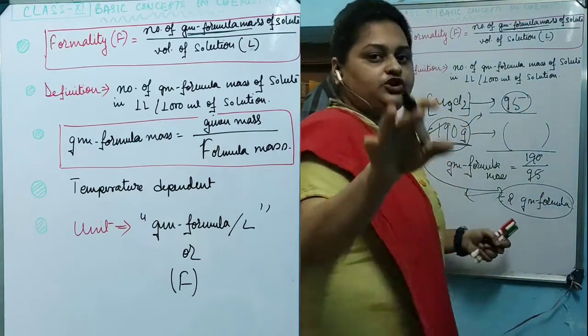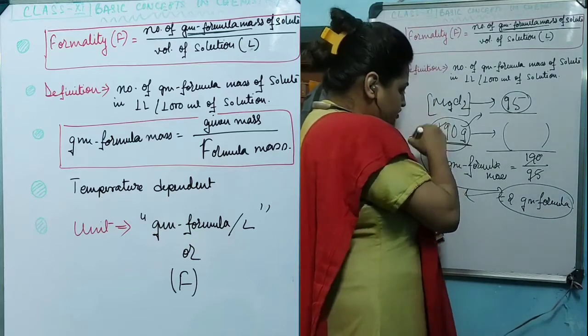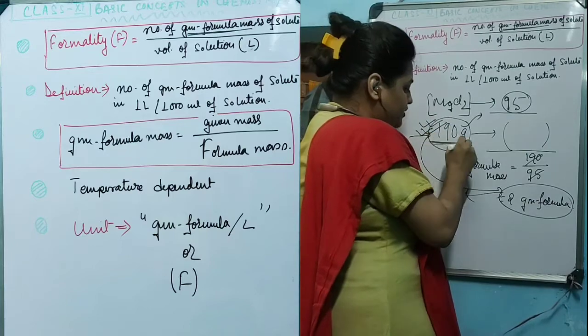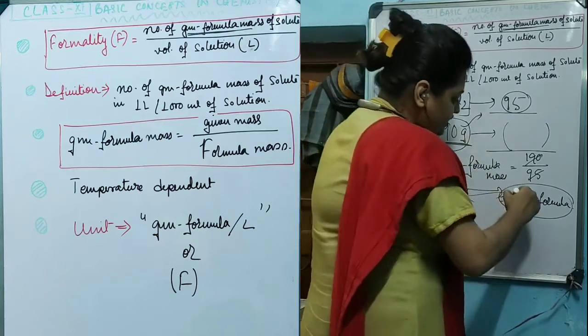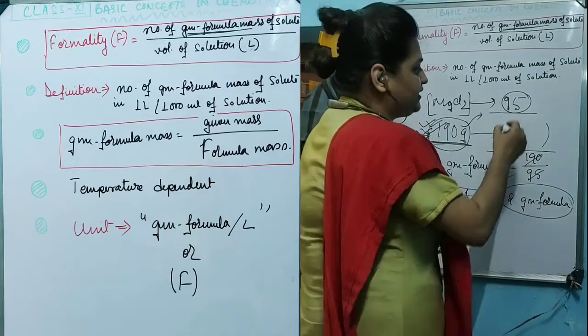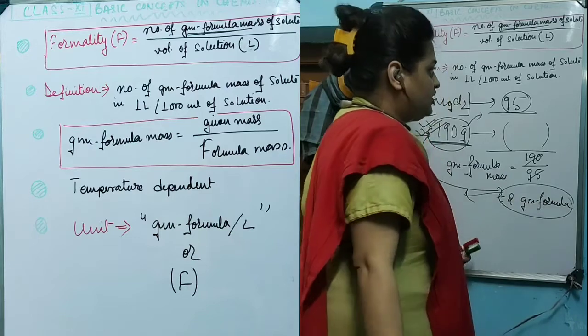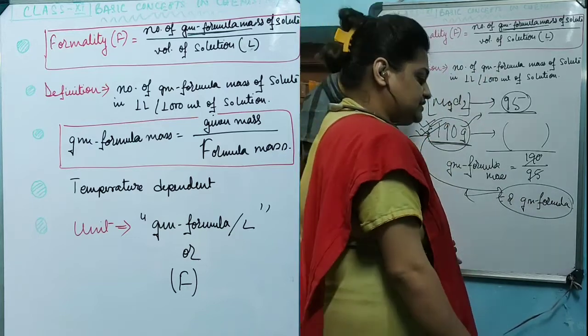In this case, as we cannot apply the molecular mass concept, we are converting this larger given mass into a very simple number by dividing it by the formula mass and getting this gram formula mass number.